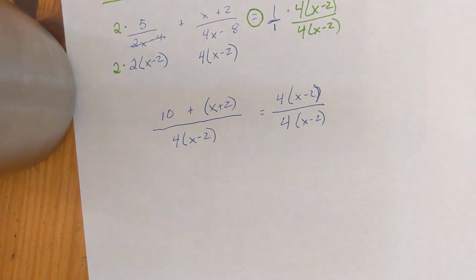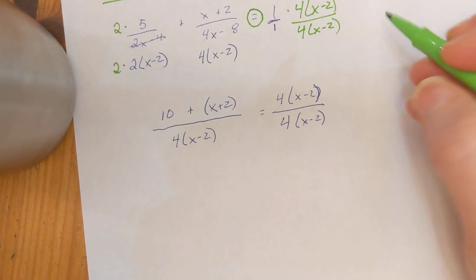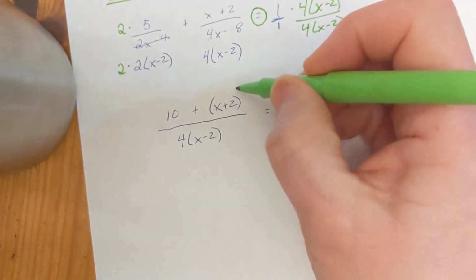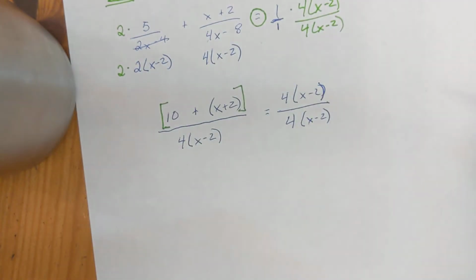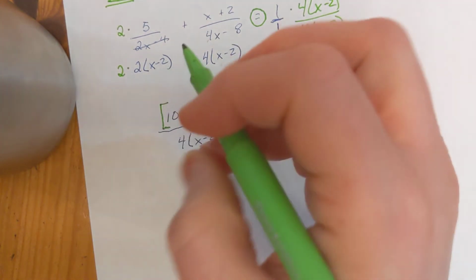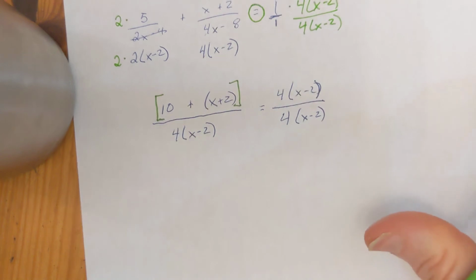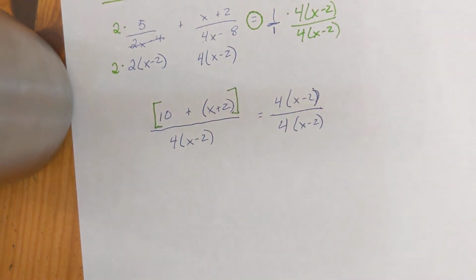What happens when I multiply everything by my least common denominator? I'm just going to group these together. I haven't combined terms yet. And I'm going to multiply both sides of the equation by 4 times x minus 2.